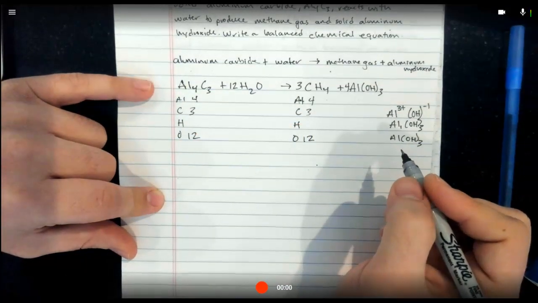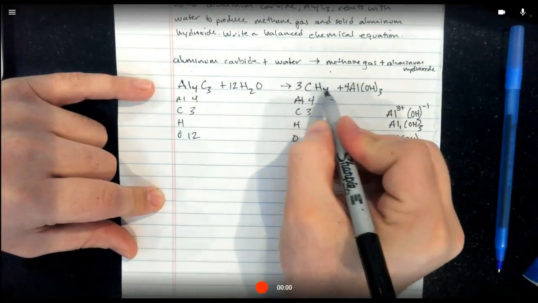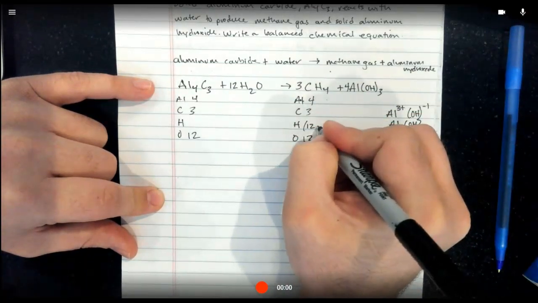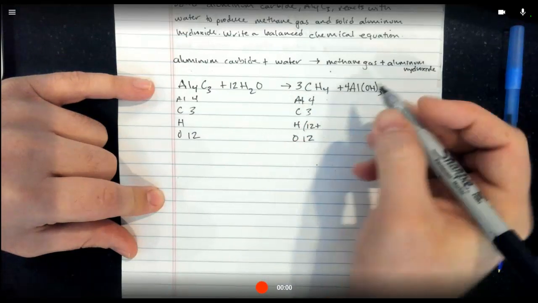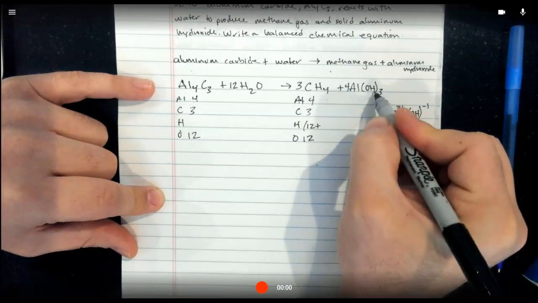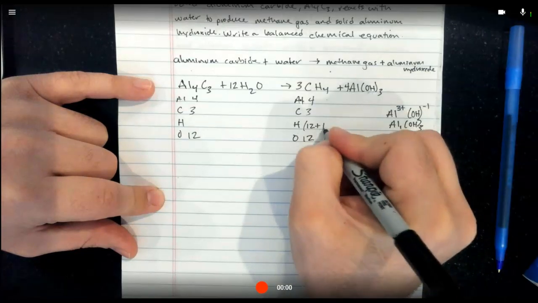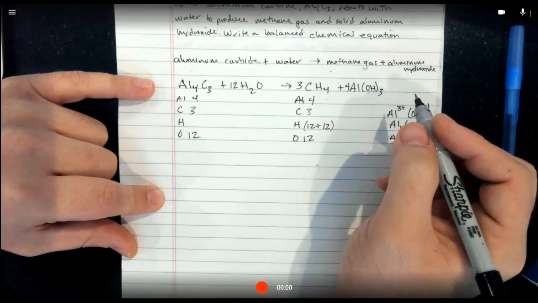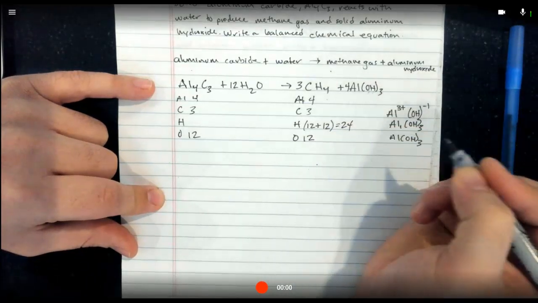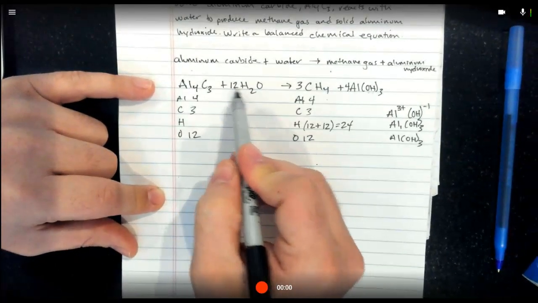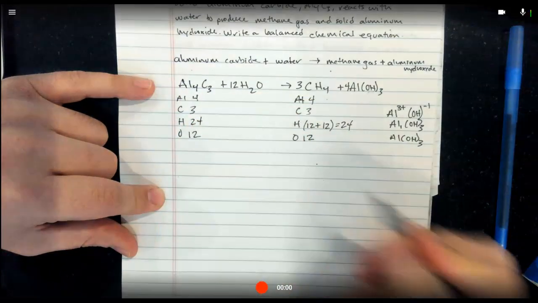Now if we take a look at hydrogen, we have 3 times 4, so that's 12 hydrogens from methane, and 3 times 4, because this 3 distributes, we have another 12 hydrogens from our 4 aluminum hydroxides, giving us a total of 24 hydrogens. On the reactant side, we have 12 times 2, we have 24 hydrogens as well.